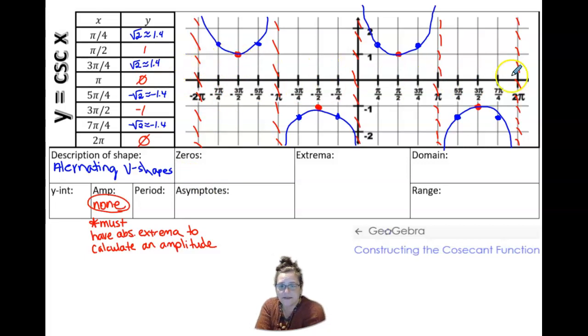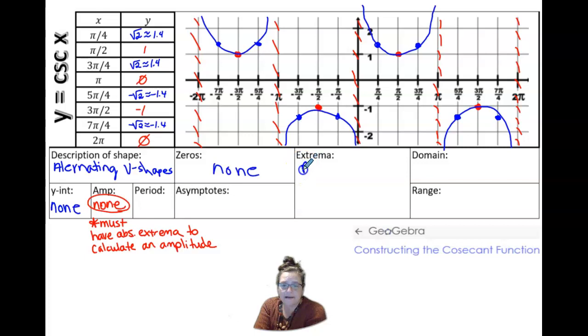As you can see, the graph never crosses or touches the x-axis, so no real zeros. There's also no y-intercept because the y-axis is an asymptote.